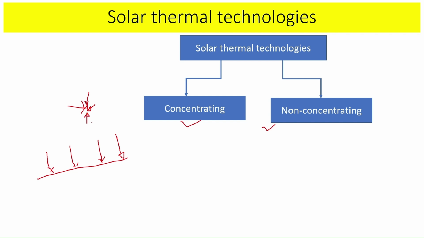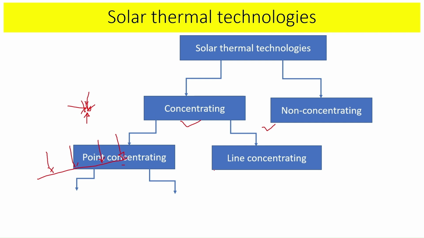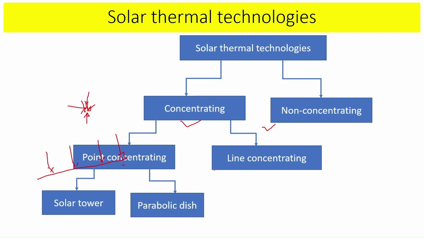There are two ways to focus this solar radiation. One is called point concentrating: we focus all the solar radiation at a point. The second one is line concentrating: we focus the solar radiation over a line. Point concentrating are of two types: solar tower and parabolic dish.